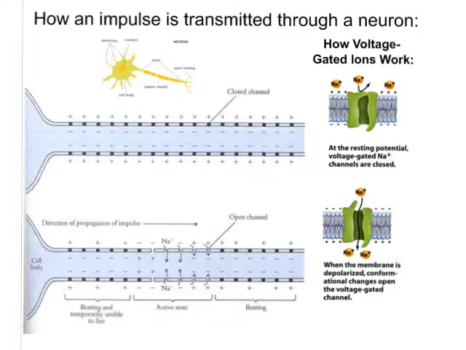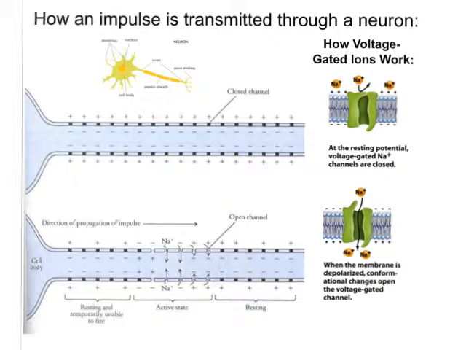So how is an impulse actually transmitted through a neuron? Here's just a tiny reprint of that picture of a neuron, so you have that in your mind. This right here represents a portion of this axon. And this is a diagram showing a very detailed picture of the mechanisms involved in transmitting a signal across the axon.